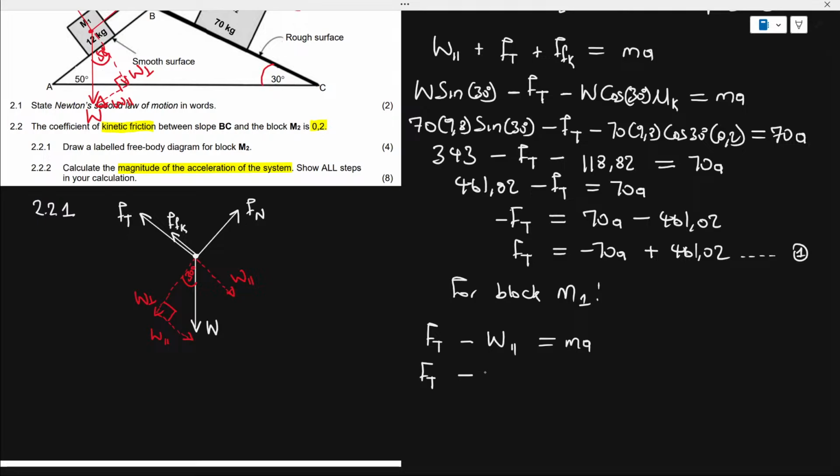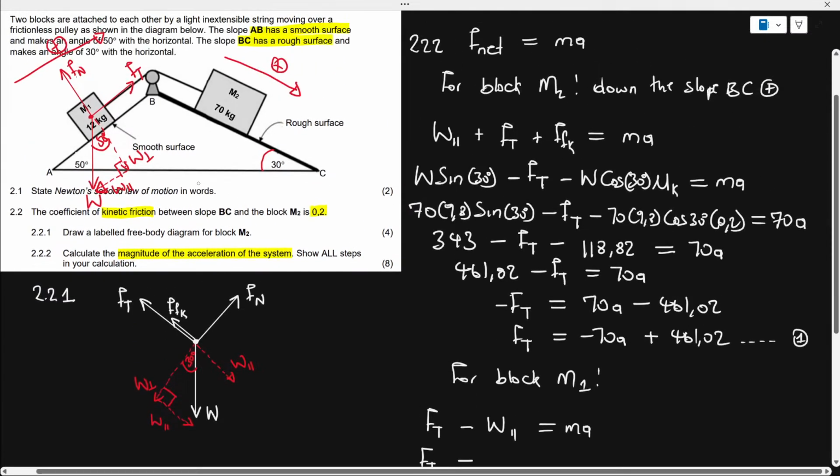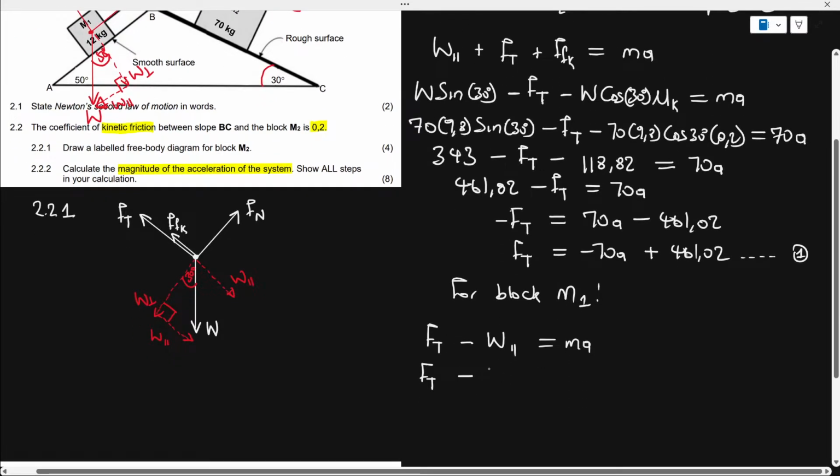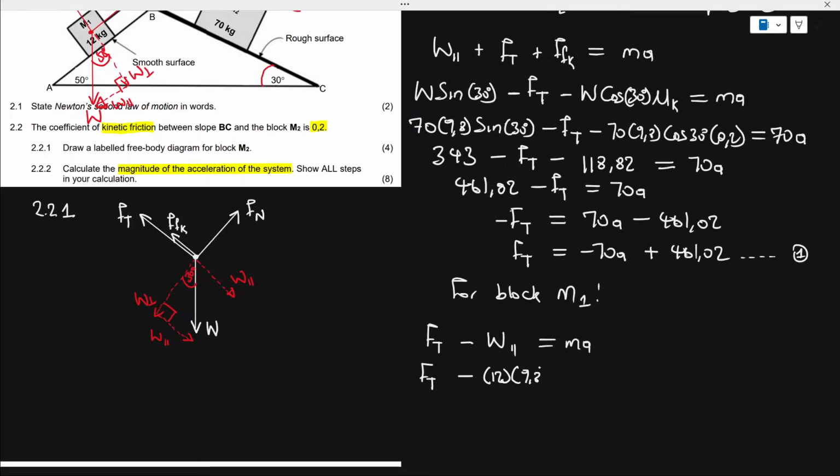And obviously, even in this case, this will be given by the weight, which is mg. So I'm not going to make this long. I'll get into the substitution already. We know that M1 is 12 kilograms. So this will be 12 multiplied by 9.8.